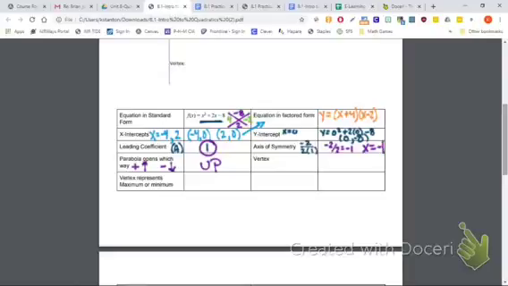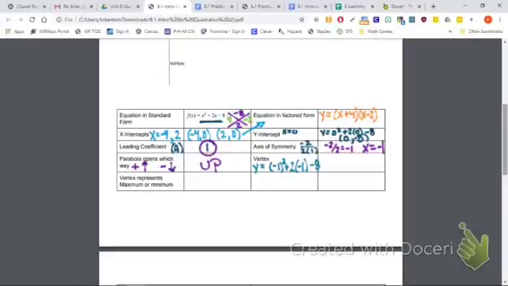My vertex, we're going to go back and use this axis of symmetry here. We're going to take that -1 that we got, and we're going to plug it into the x's in this equation, and we're going to say that y equals, in parentheses, -1 squared plus 2 times -1 minus 8.